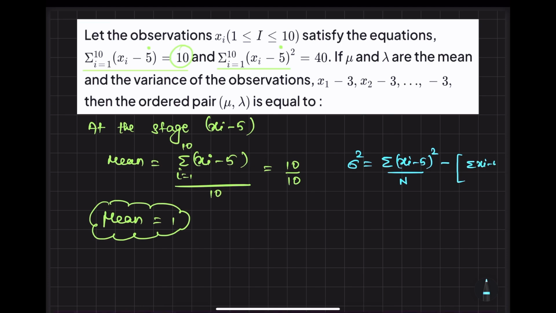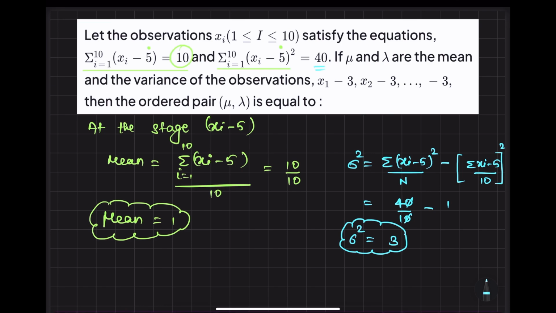Summation of xi minus 5 by 10, whole square. Now summation of (xi minus 5) whole square is what? 40, by number of elements which is 10, and you have already calculated the mean comes out to be 1. So it is 3. So variance will come out to be 3.